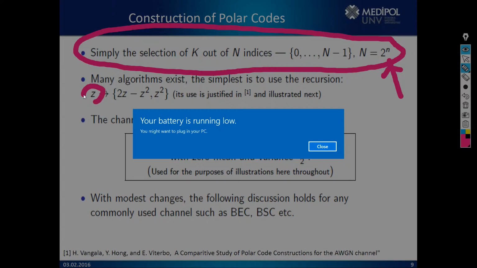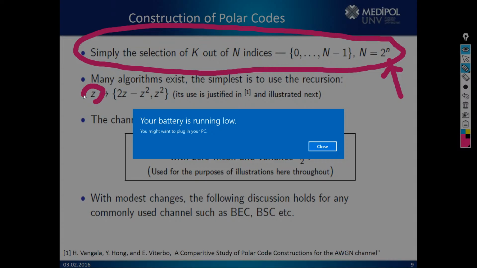Then you use these values or indices to encode your data over them. So the channel here is additive white Gaussian noise with zero mean and variance N0/2, used for the purpose of illustration.